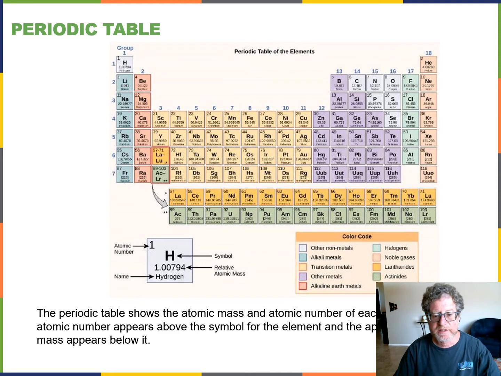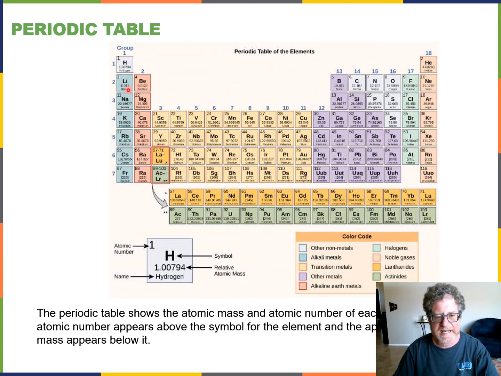This is the periodic table of the elements, and you can see the elements going left to right are arranged in rows, and the rows are arranged in the number of protons. So hydrogen has 1 proton, helium has 2 protons, lithium has 3 protons, beryllium has 4 protons, and so on.